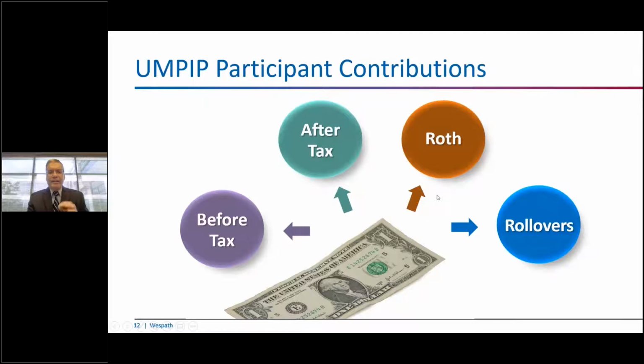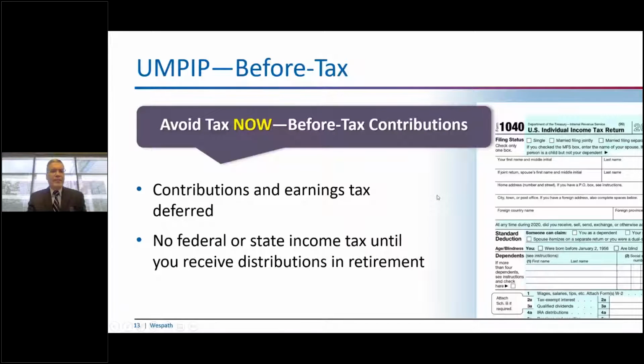So let me tell you a little bit more about each of these sources of money. Again, the only way to get money into this plan is through your paycheck. So the before-tax contributions, what you're really doing is saying, hey, wait a minute, the first thing coming out of my paycheck, I'm going to be paying myself first, making this contribution to the United Methodist Personal Investment Plan.